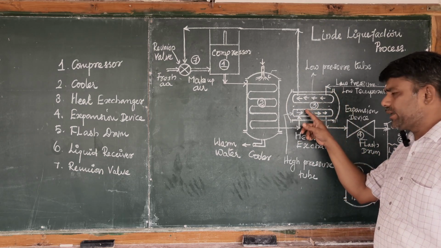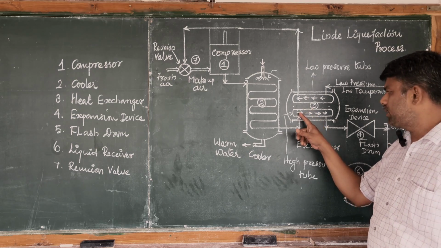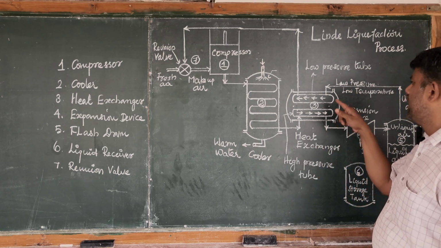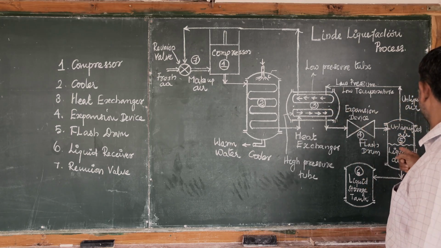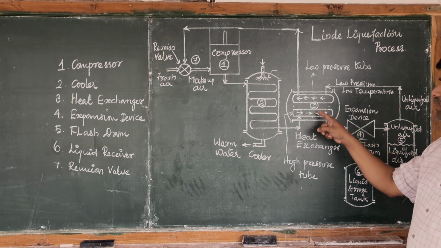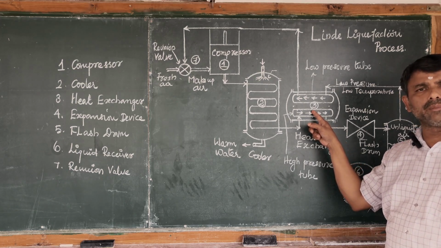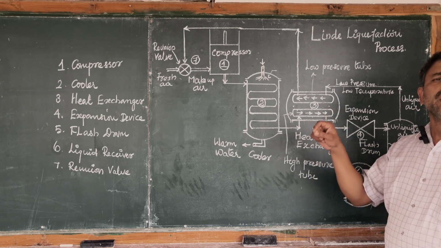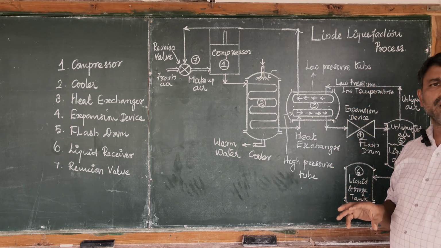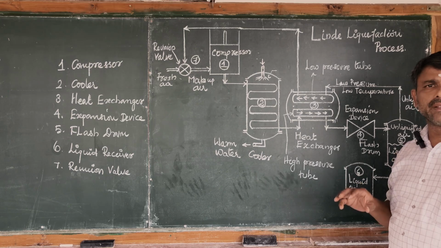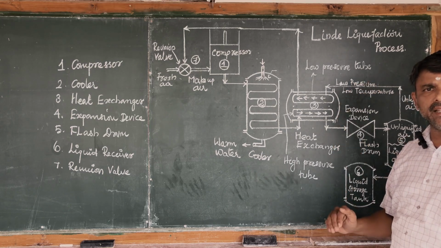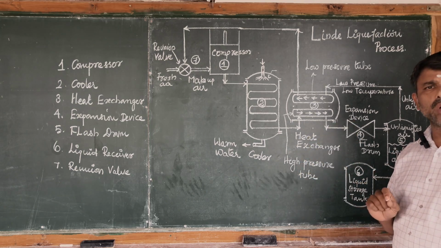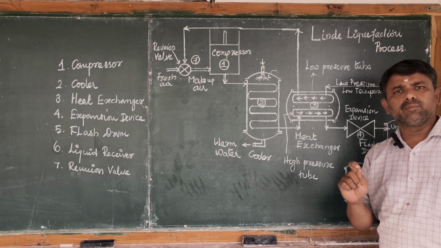Here the temperature of the high pressure air is decreased using the return air from the flash drum. It is about to liquefy, with the temperature decreased to near minus 140 degrees Celsius, which is the critical temperature of air.